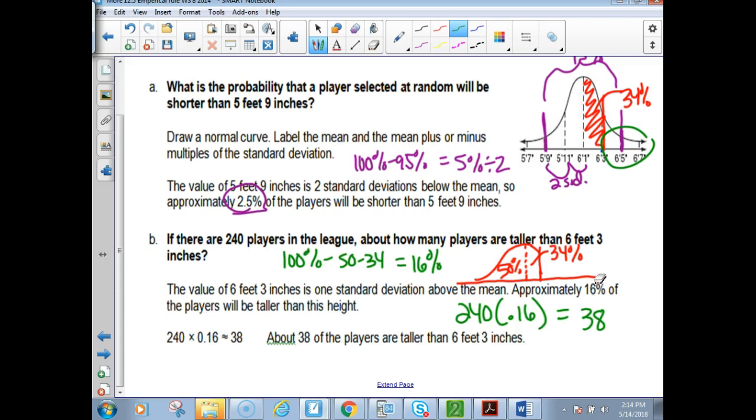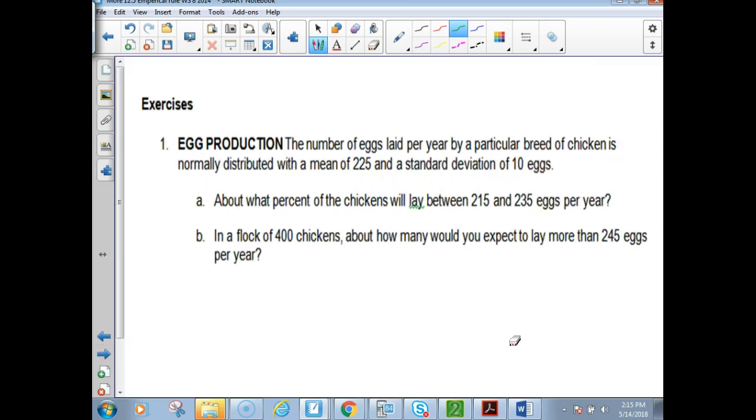I'm trying to make you figure it out by remembering 68 within 1, 95 within 2, and 99.7 within 3. That's what you're going to be given. I hope that makes sense why I might have done it this way. It's not like you couldn't have done it differently, based on what I've told you from the get-go.